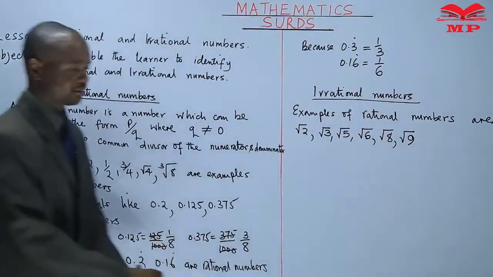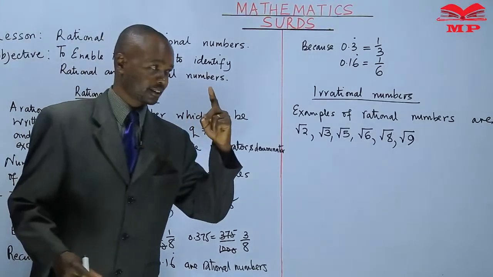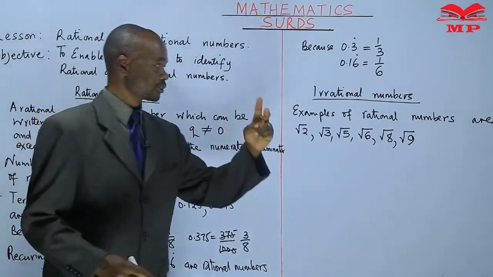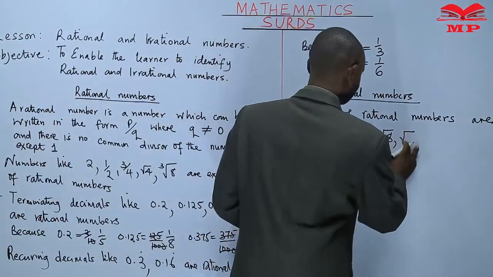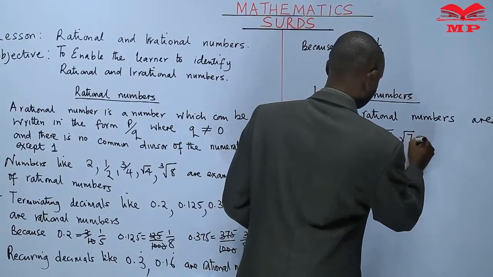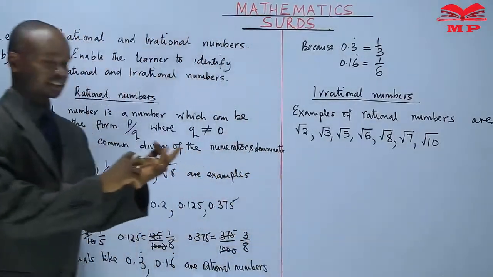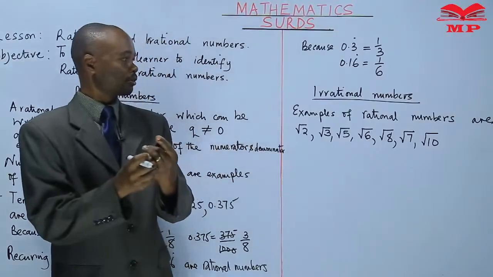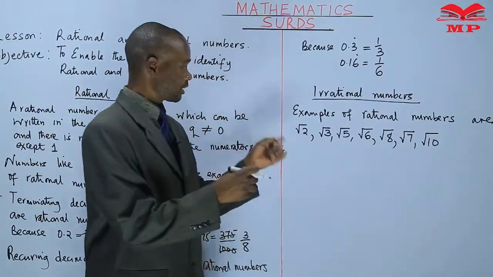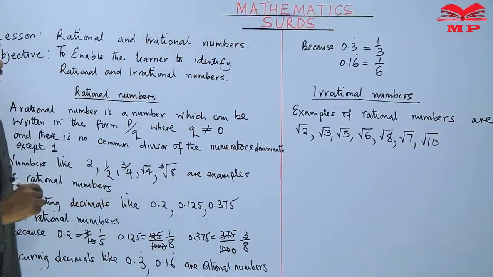There is something you discover. The square root of 1 is 1, the square root of 4 is 2, the square root of 9 is 3. So between 1 and 10, these ones don't have a perfect square root.